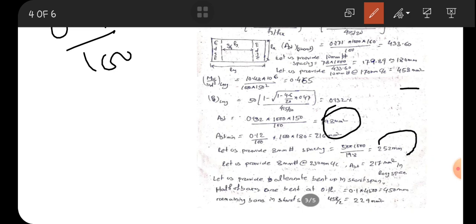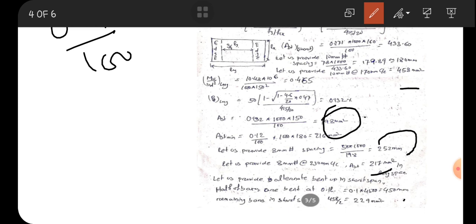As the Ast in long span is less than minimum, we will provide minimum steel in long span, so that the cracking criteria will not fail. By decreasing the spacing, we can increase our Ast provided, that is we can provide 217 mm square in long span.